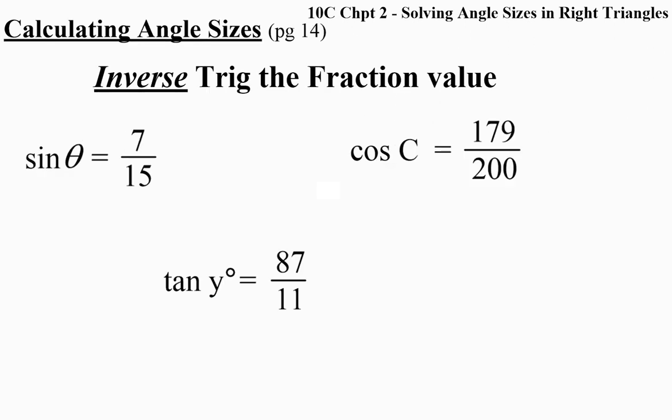Now, second part to this, though, is, well, what if we want to find an angle where we have a fraction? It's kind of similar to what we had. Two different things to do, depending upon what kind of calculator you have. If you have the graphing calculator, which you're supposed to have for the course, a little bit quicker way to do it.